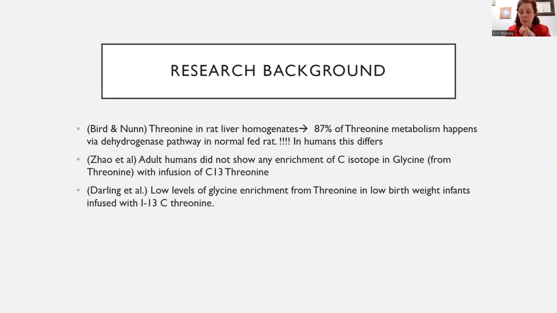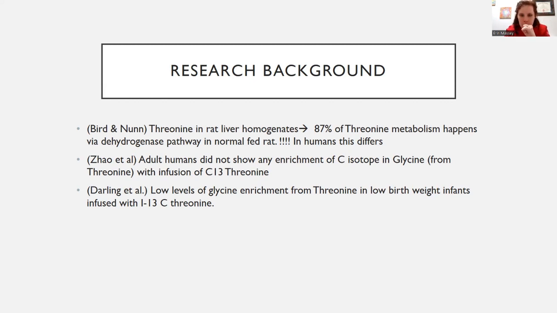So remember, pathway 1 uses glycine. So the ketogenic pathway, as well as the one using the enzyme aldolase, both use glycine. And it shows that adults weren't utilizing any of the specific isotope that they were using from threonine to convert to glycine. There was none shown, which, 87% to none, does differ a lot.